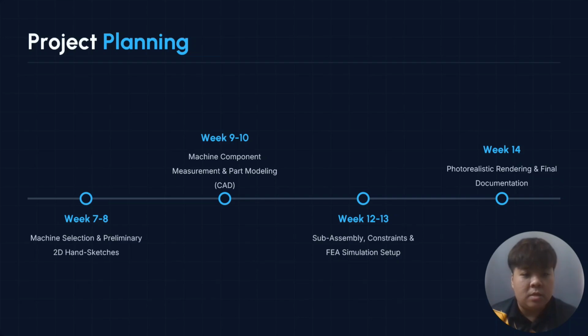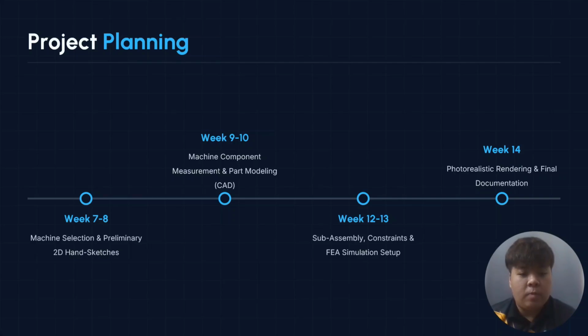So next is our project planning. Our project duration was within 7 weeks. We started on week 7. In weeks 7 to 8, we planned machine selection and preliminary hand sketches.